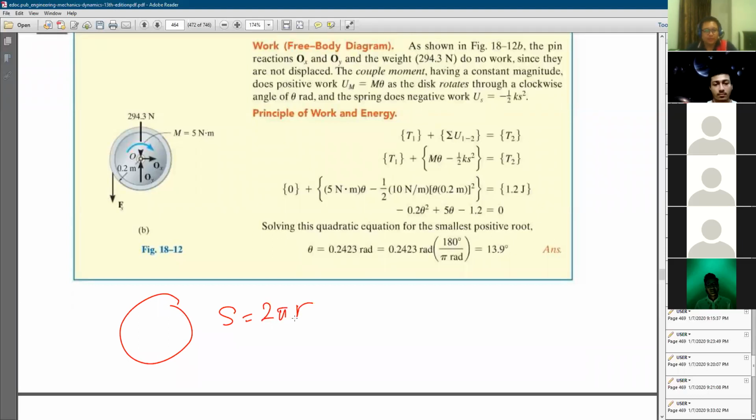However, if you only have a certain portion of a circle, then S becomes theta r. Make sure that it is in radian. That's why here you have theta r. And then don't forget the square.